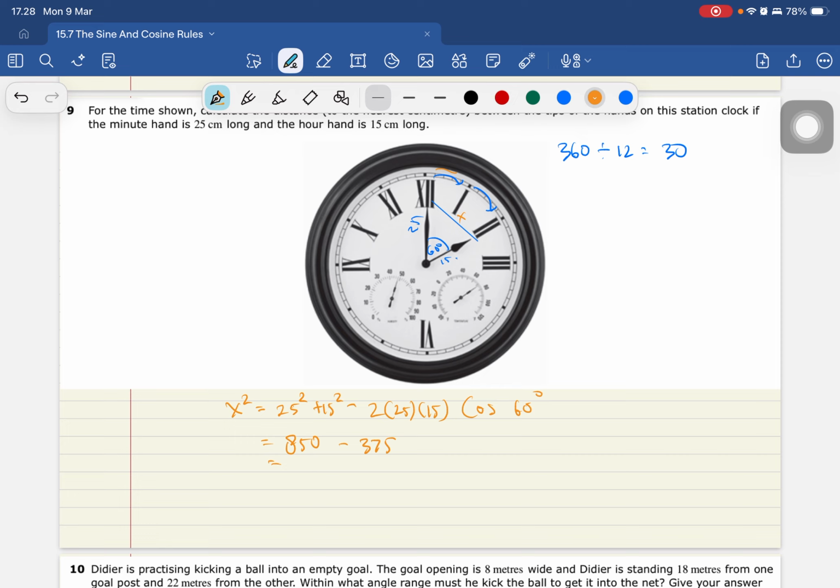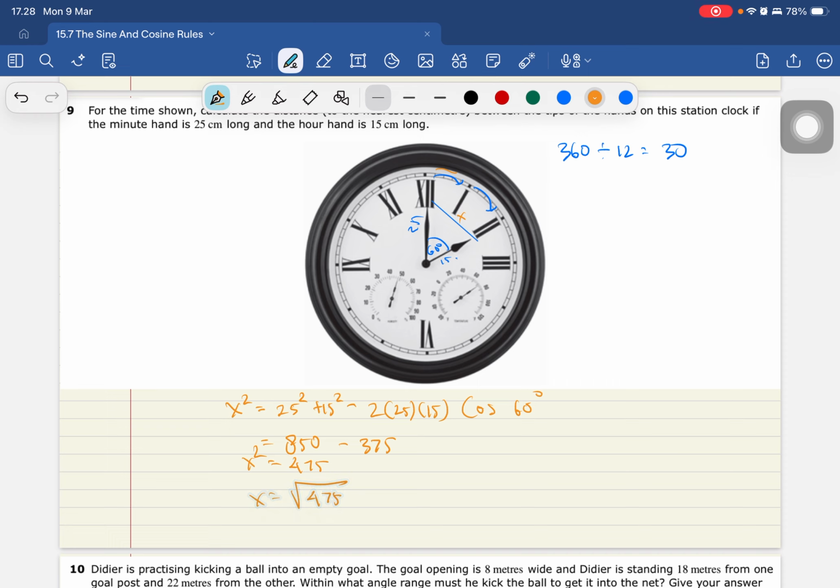So 850 minus 375 is 475. So x squared is 475, and x is going to be the square root of 475.